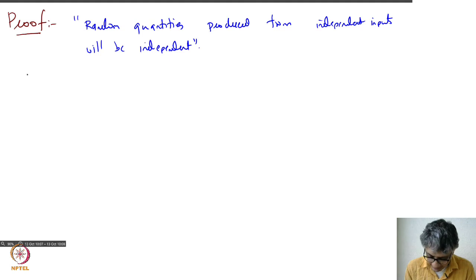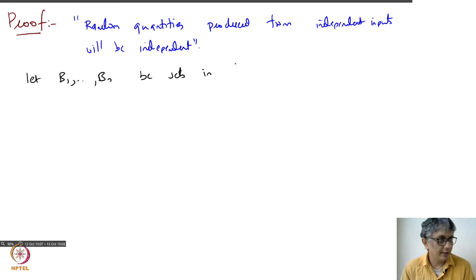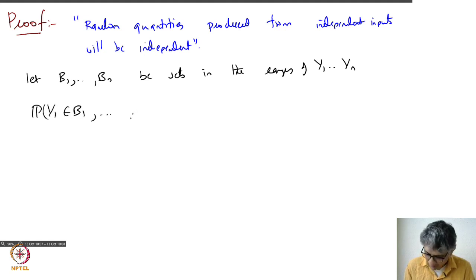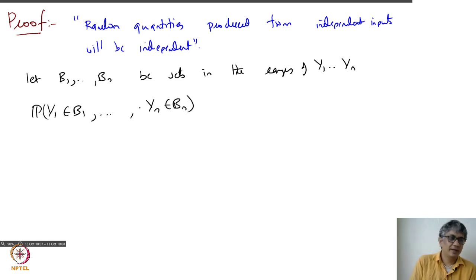So we have a proof of this. Let B_1 through B_n be sets in the ranges of Y_1 through Y_n. What I have to show is that the chance that Y_1 is in B_1, all the way up to Y_n in B_n, splits up as a product.